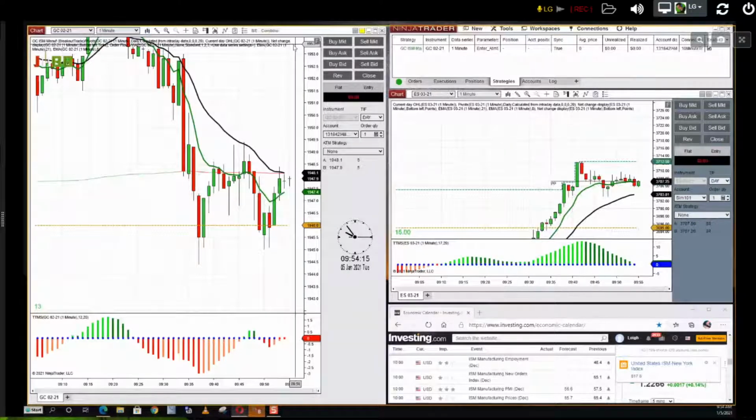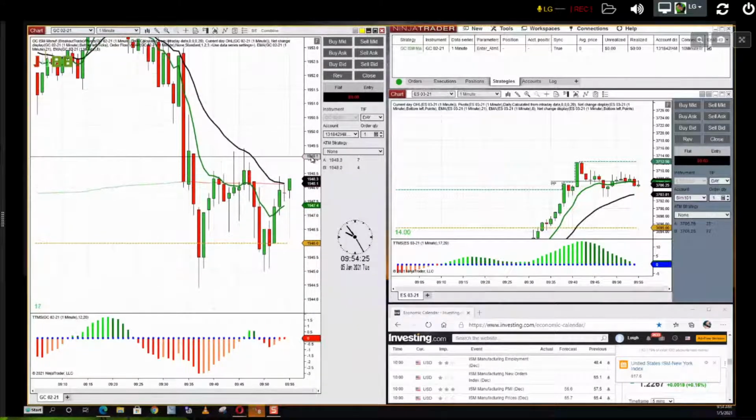Now, up on the taskbar at the top of your chart, you have a break even button and a combine button. The break even button will put your stop to break even if your trade is profitable, and it needs to be profitable by a couple of ticks. The combine button combines orders.